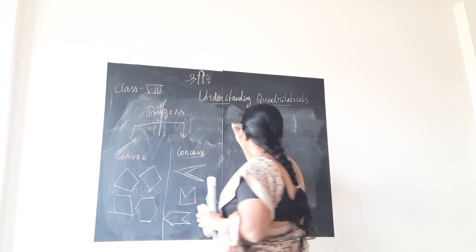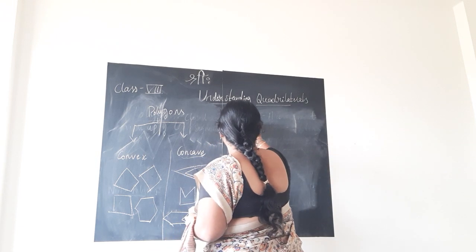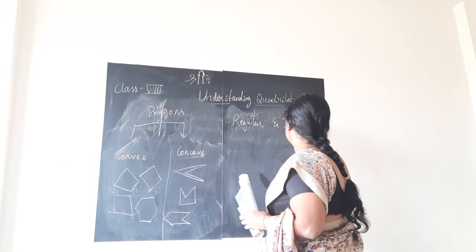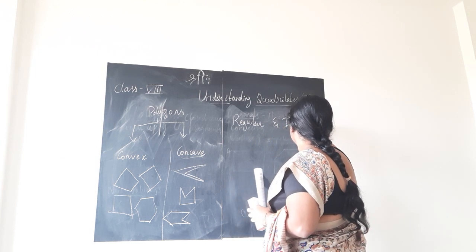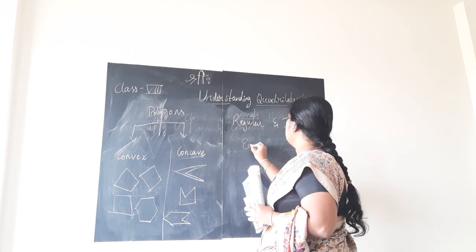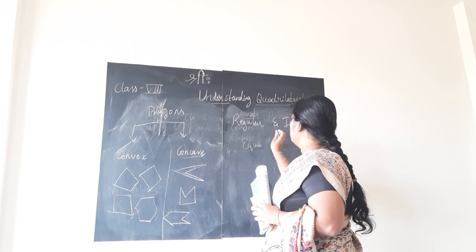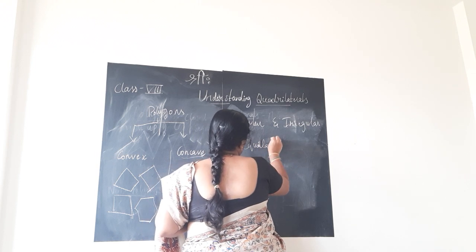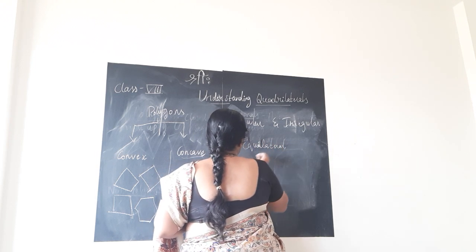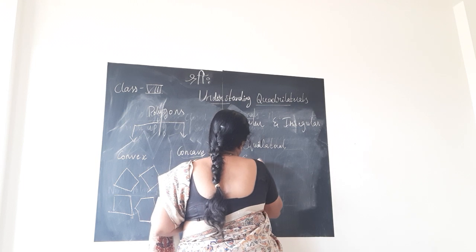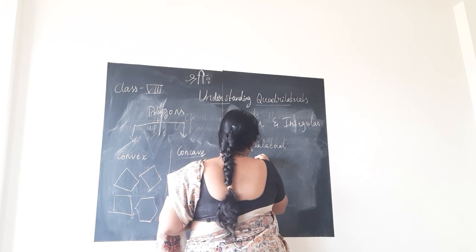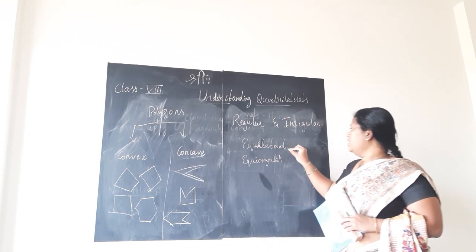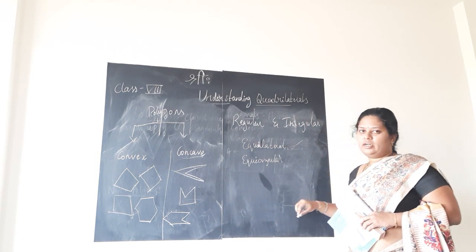The only way to differentiate regular and irregular polygons, children, is to know the meaning of equilateral and equiangular. Equilateral means if all the sides of a polygon are equal, then we say it is equilateral.